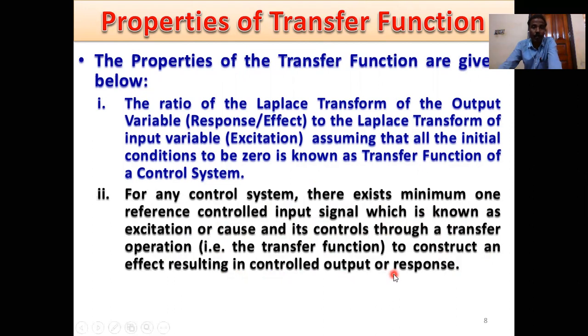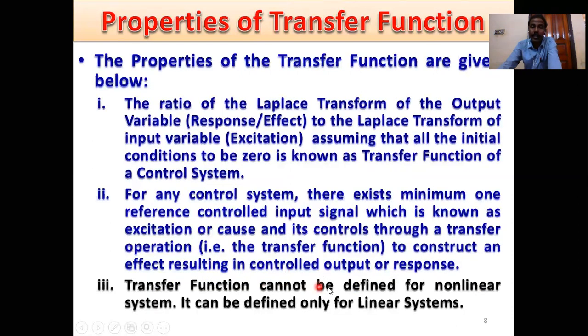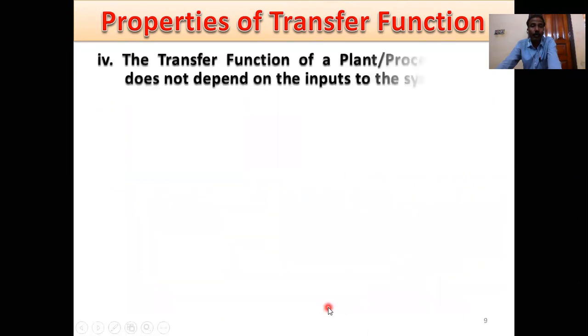And the transfer function cannot be defined for nonlinear systems. It can be defined only for linear systems. Linear systems obey the superposition formula, while nonlinear systems do not obey the superposition formula, that is the additive property and Ohm's law, etc.